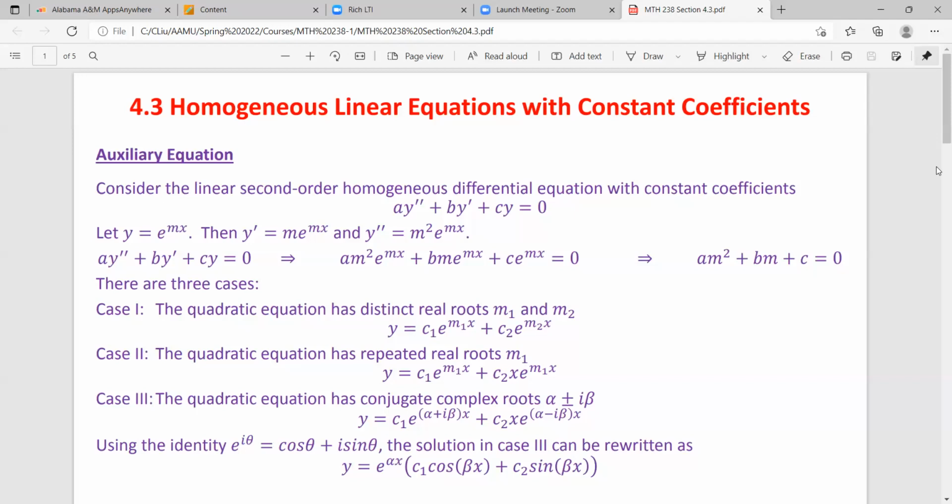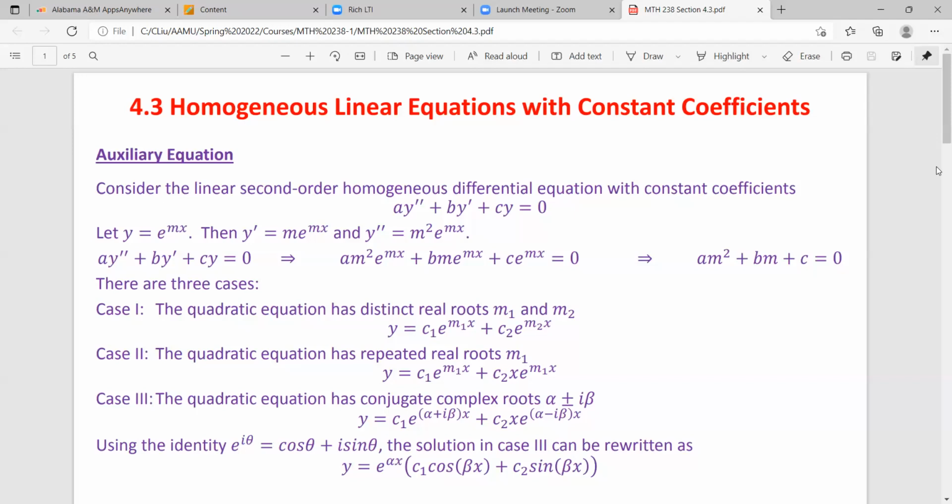But the point is, if you think about this equation itself, you have a, b, and c constants, and you take the derivative y' and the second derivative y'', and then you add some term with a constant times y itself equal to 0. So in order for that to happen, you would assume y should take exponential form.